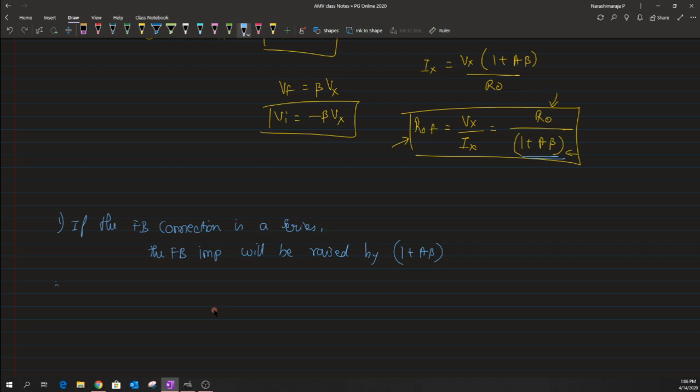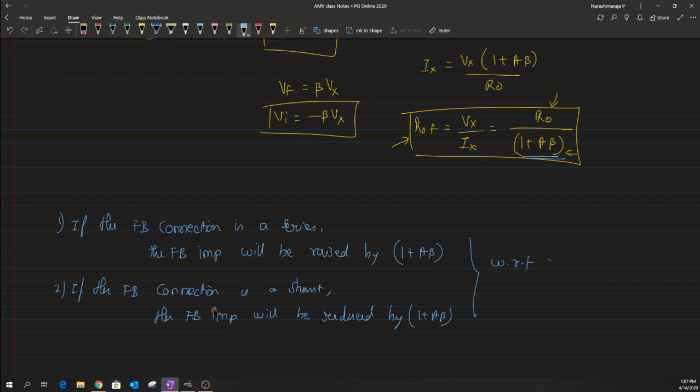Okay, whereas if the feedback connection is a shunt type of connection, then this feedback impedance, either at the input or output, whatever it is, in general will be reduced by a factor of 1 plus A beta, and these are the quantities that have been compared with respect to the impedances of the basic amplifier.